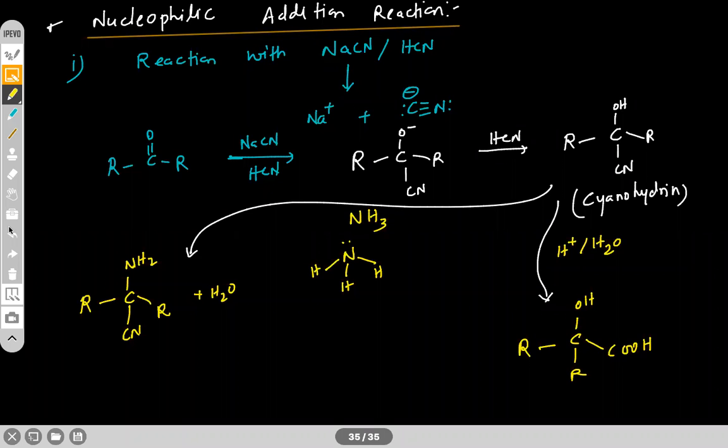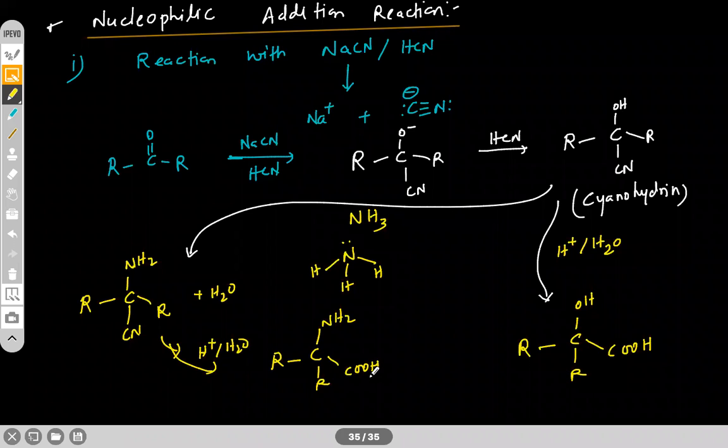If you add H plus, H2O, this CN again converts into COOH. So cyanide on acidic hydrolysis converts into acid.